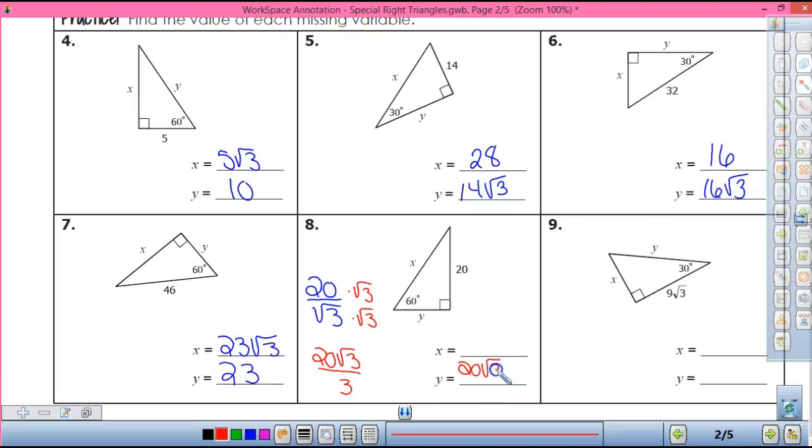So 20 root 3 over 3. And then if I double it, what do I get? Basically what you're doing is doubling this guy right here. So we have 40 root 3 over 3.